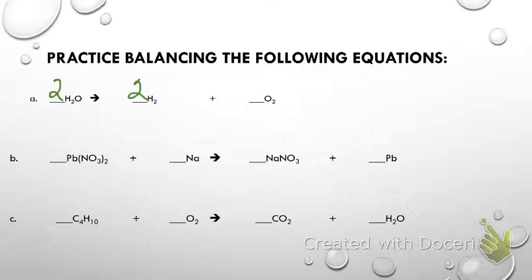So the only way that I can balance my nitrates is to do what? Put a 2 in front of the sodium nitrate, right? Yeah, you got it. So when I put a 2 in front of the sodium nitrate, what did that do to my sodium? So now I can fix that by putting a 2 there.